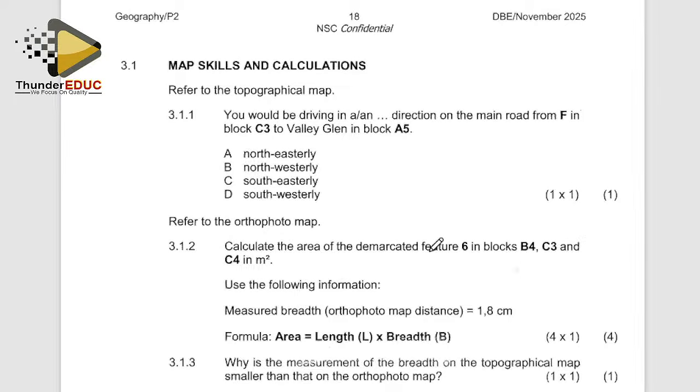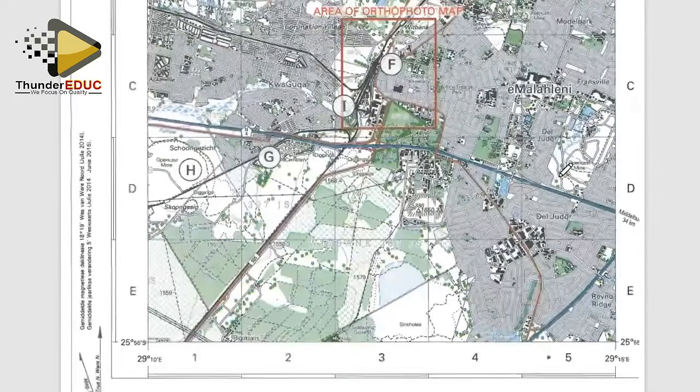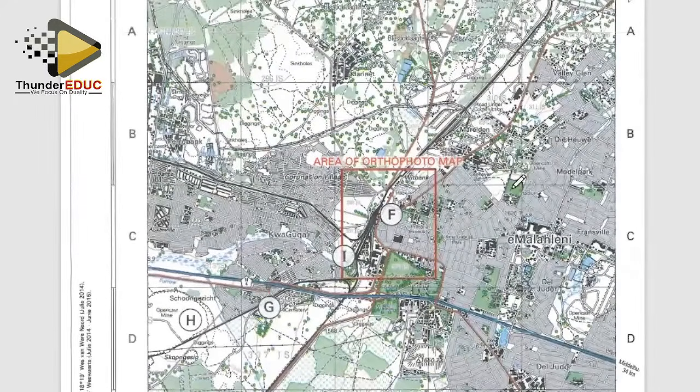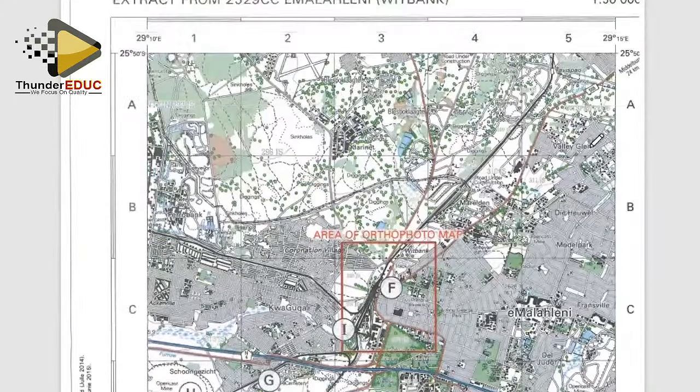You would be driving in which direction on the main road from F in block C3 to Glen in block A5? We are looking at the topographic map. Which direction will we be moving from F? We are going via the main road to Glen Farm.